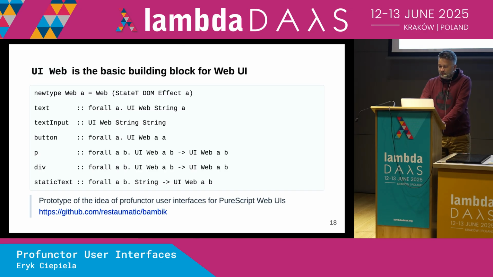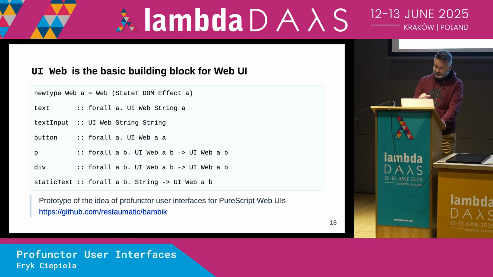So UI web is the UI instantiated with the web underlying effect, which is basically an effect that is capable of building a document object model in a web browser. And the basic building blocks would be text, which is a web UI taking string and returning anything of any type, which is equivalent to saying that it doesn't produce anything because it's not related to the user input.